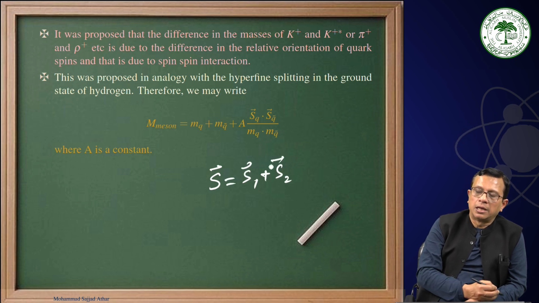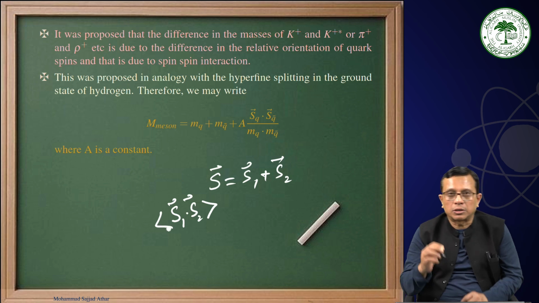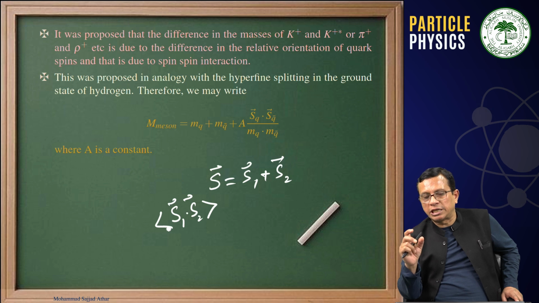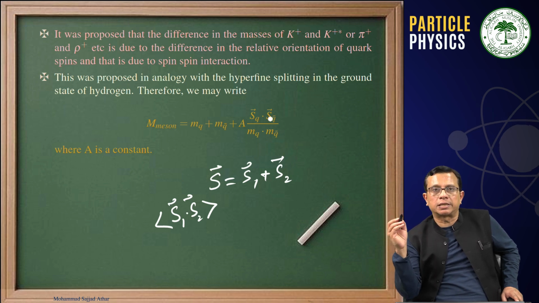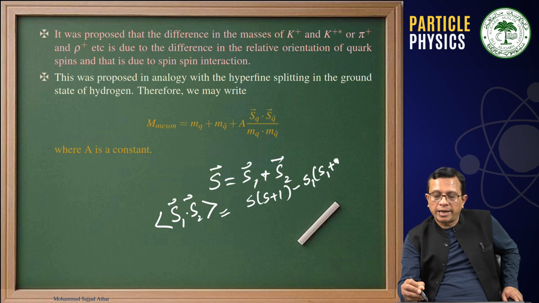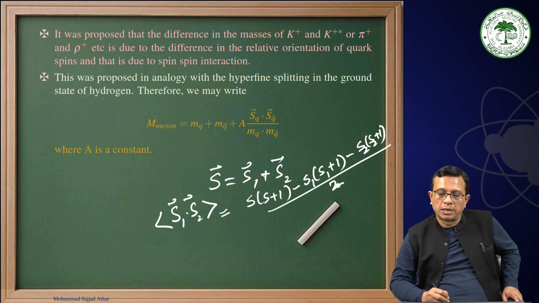S1 and S2 are their spins, then the expectation value of S1 dot S2, because this is the real value, real numbers that we will get when we talk about the spin interaction. This is what is written here, S1 dot S2. The expectation will be the multiplicities of a state: S square will give me S times S plus 1, S1 square will give me S1 times S1 plus 1, and S2 square will give me S2 times S2 plus 1, divided by 2.